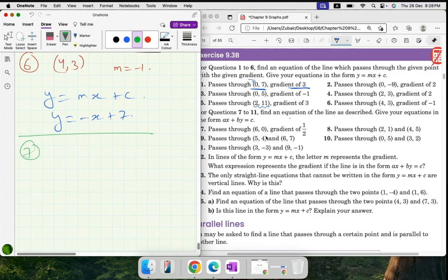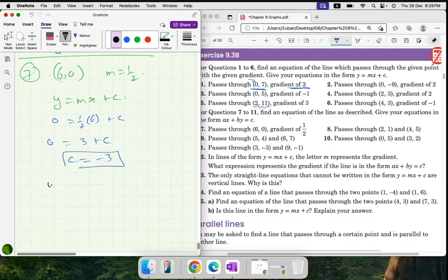The first one says it passes through x 6 and y 0 and gradient is 1 by 2. So y equals mx plus c where the gradient is 1 by 2, value of x is 6, y is 0, plus c. So 0 equals 3 plus c, c is equal to minus 3.